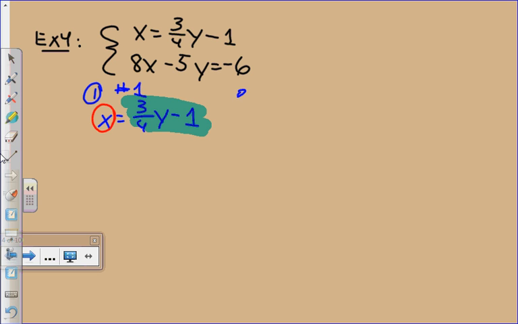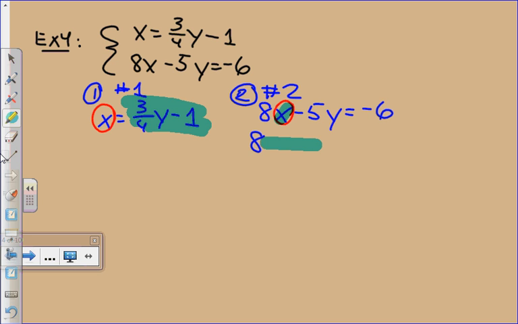Number 2. So we're going to circle the x. Fill out the highlight. So now when I walk through them, we have 8. And instead of writing x, what are we going to write?